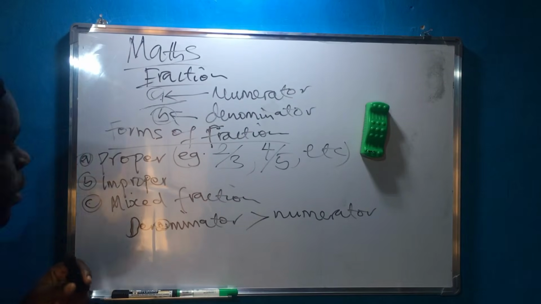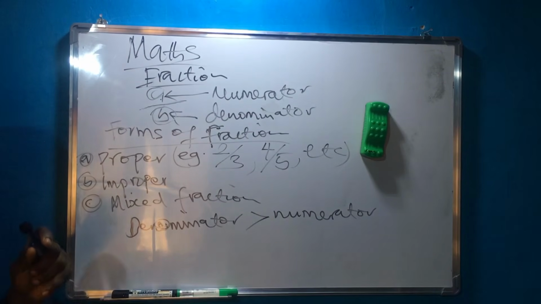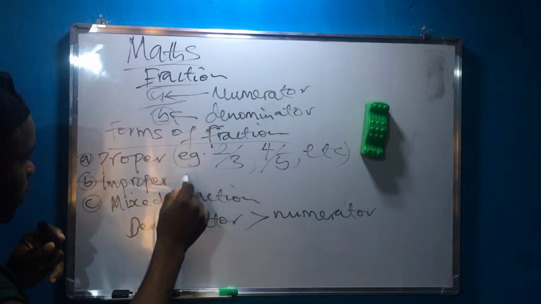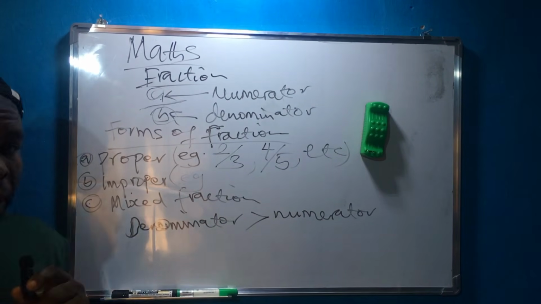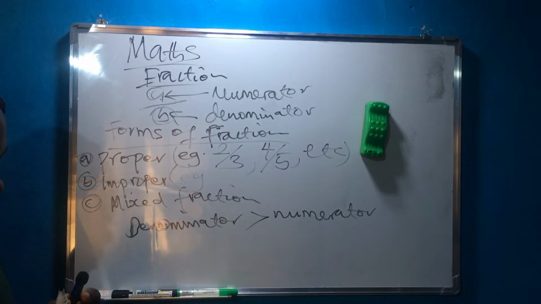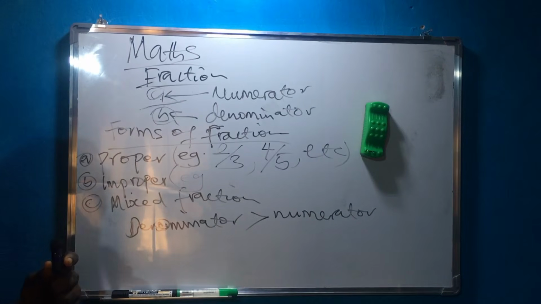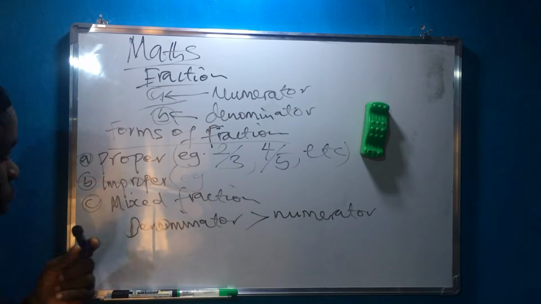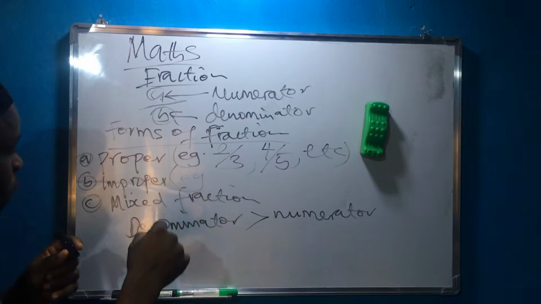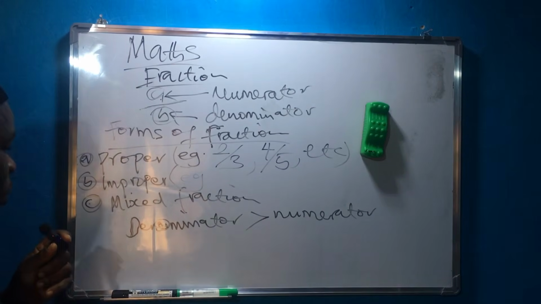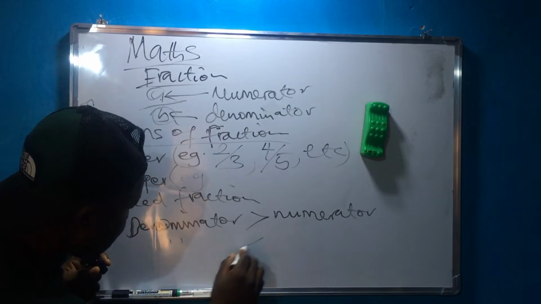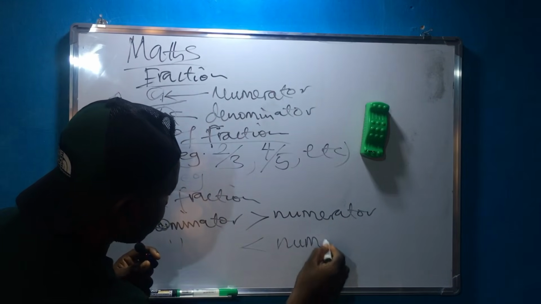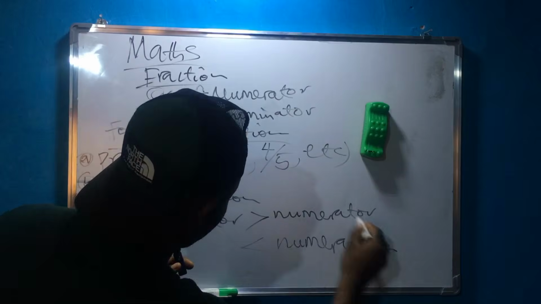But when the inverse becomes the case, that is an improper fraction. A fraction is said to be improper when the denominator is less than the numerator. When this denominator is less than the numerator, then that fraction is what?